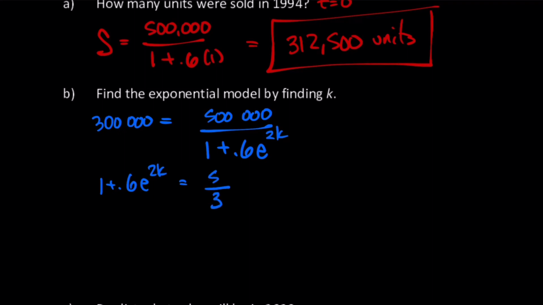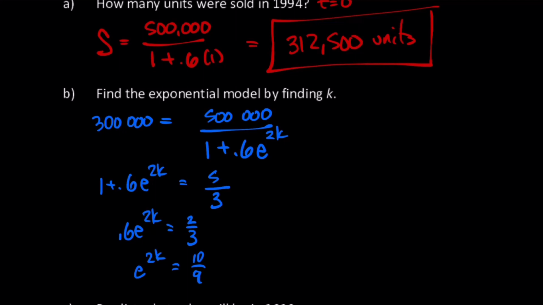Just by doing that, this became a lot easier. Now we'll subtract 1. 0.6 e to the 2k equals 5/3 minus 1, which is 2/3. Now multiply by 0.6. So e to the 2k equals, I kept it as a fraction, 10/9.